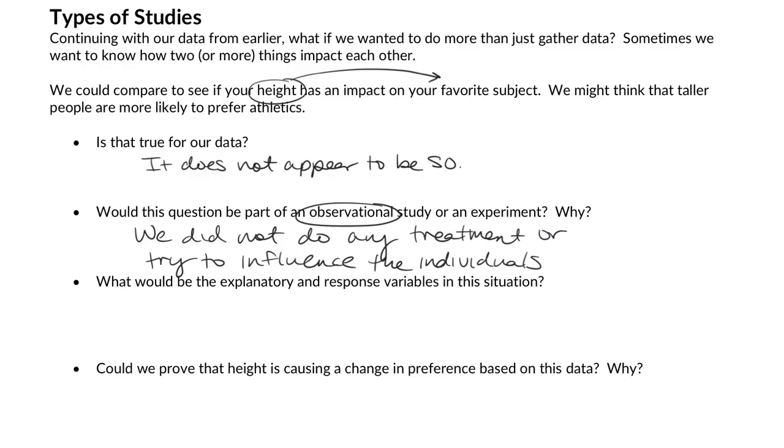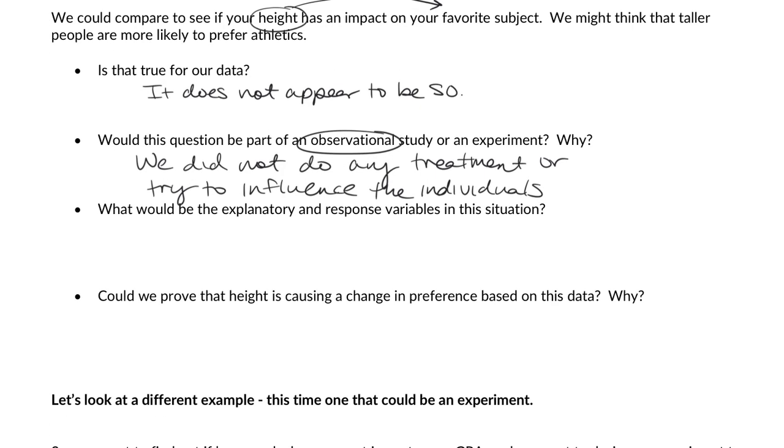Again, we haven't defined these, but the way that they're written makes it pretty easy to figure out what they mean. What would be the explanatory or response variable? What do we think an explanatory variable means? It explains what change is happening. It's what we are changing, the independent variable, to see if the response variable changes.